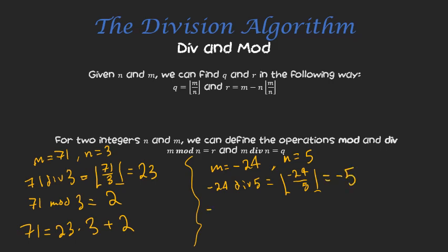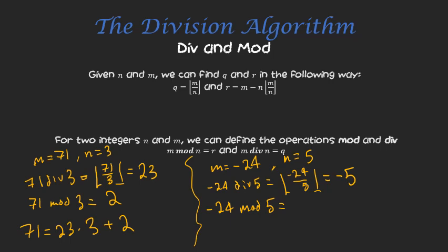So this is negative 5. And then what's my remainder? Well, now that I know div, I can calculate that. Negative 24 mod 5 then would be, sorry, let's calculate it. Negative 24, that's the total, minus the negative 5 groups of 5.